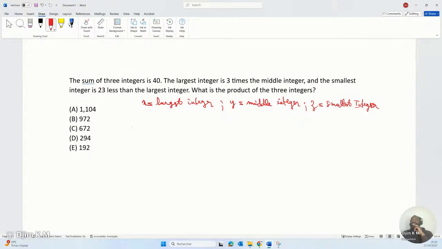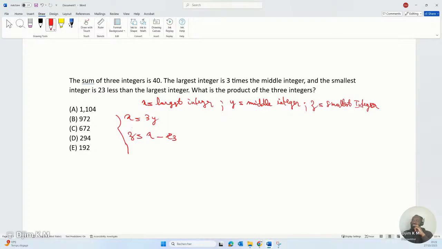It says the largest is 3 times the middle. So x is equal to 3 times y, and the smallest, so z, is 23 less than the largest, so it is equal to x minus 23.